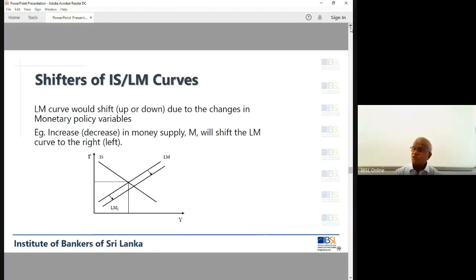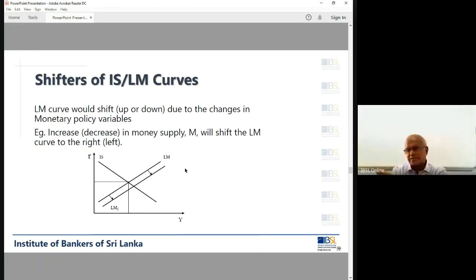But when the whole interest rate structure comes down, deposit rates also coming down, then what will happen? Savers are sad. Savers will not be happy. When interest rates come down, whole lending rates and the deposit rates come down.